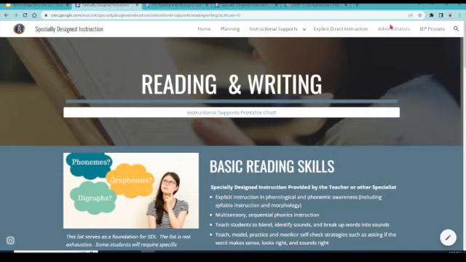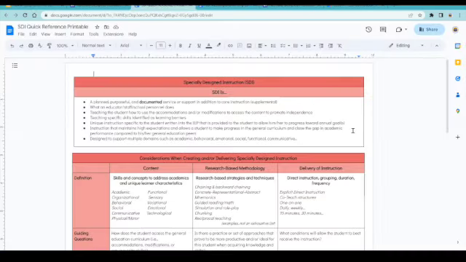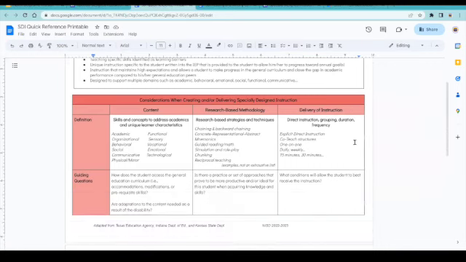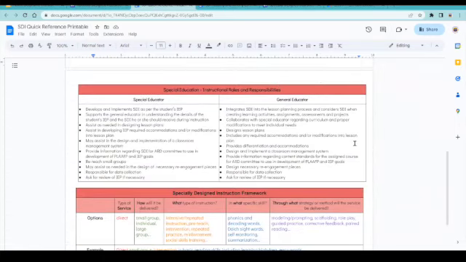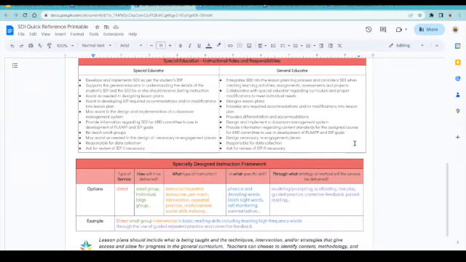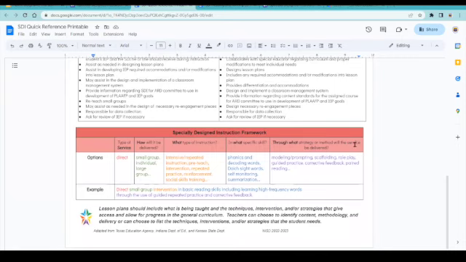Most useful to you might be the resources located under the Administrators tab. At the very top, you will find a printable quick reference guide with the basics of SDI, which includes an explanation of what is meant by content, methodology, and delivery, roles and responsibilities for both the special and general educators, and even an example of what it might look like when documented.